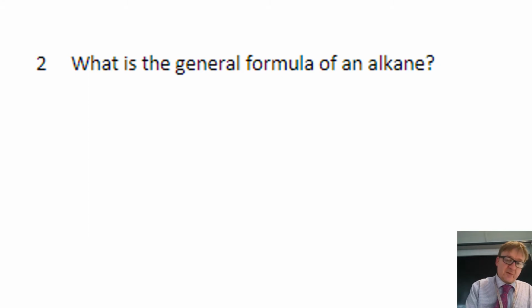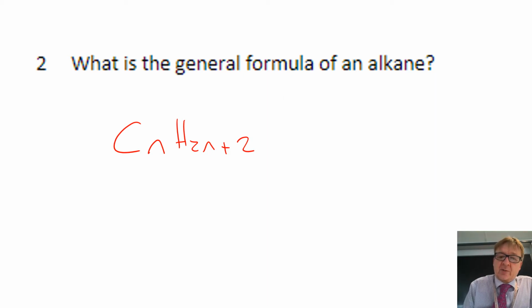Right, so the general formula for an alkane is CnH2n+2. So what that means is a carbon that's got 10 carbons in it, it would be C10, H, 2 times 10 is 20, add 2 would be 22.